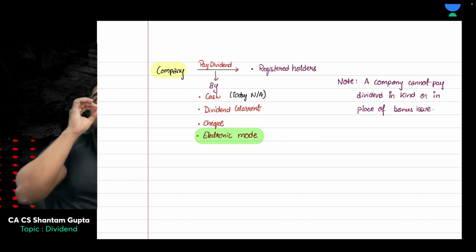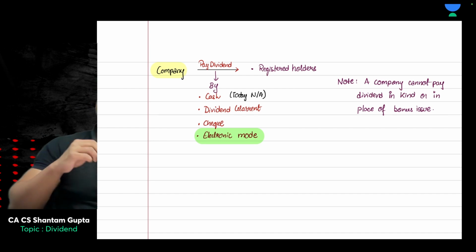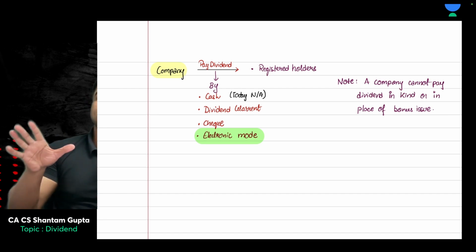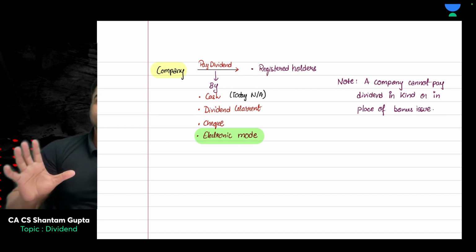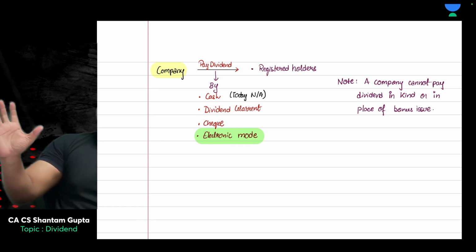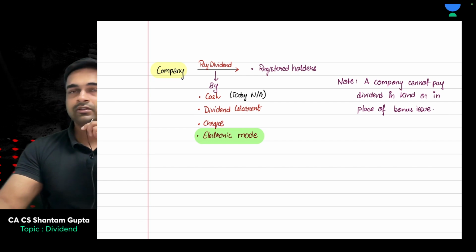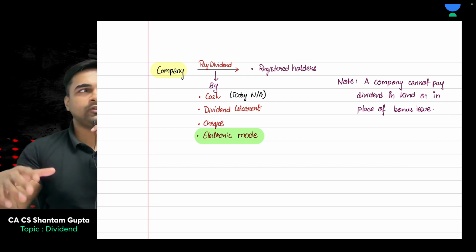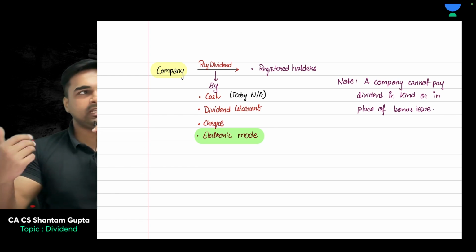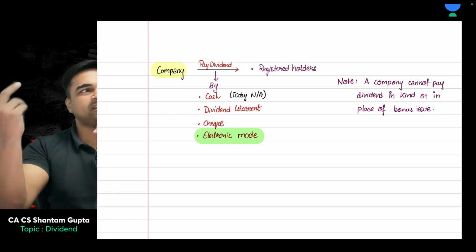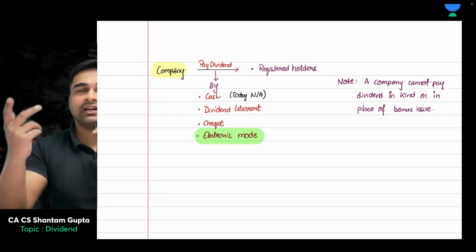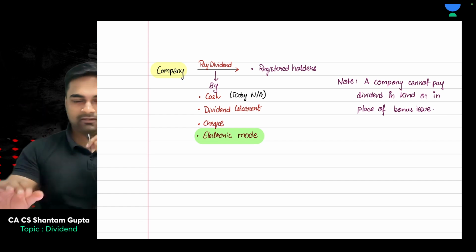Just don't say this. Don't write it in the board report. It's like digging your own grave. That you are writing that in place of dividend which has not been given by the board, we have given you bonus shares. Because indirectly, what does it show? That you are not giving us money and you are taking our money and treating it as a forever liability that we will never get back. So don't say it.